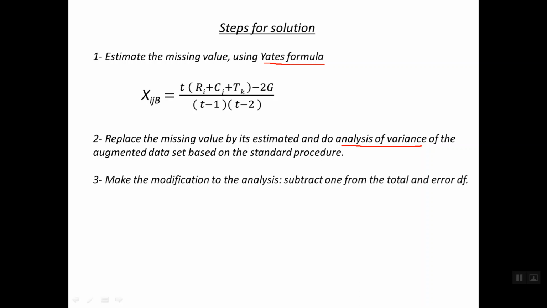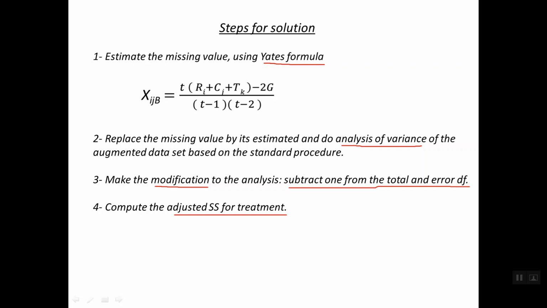Then we need to make a modification to the analysis. One of the modifications is subtracting 1 from the total and the error degrees of freedom. I'll talk about it deeply. Then we need to compute what's called the adjusted SS for the treatments.